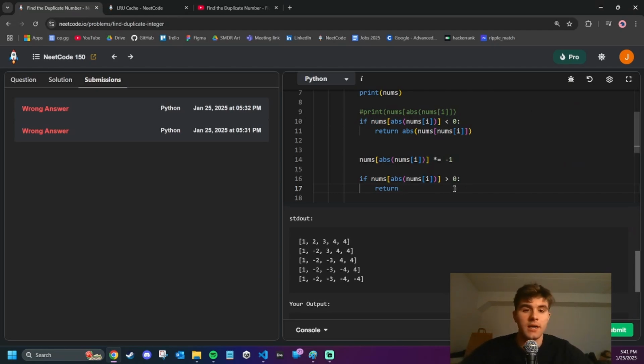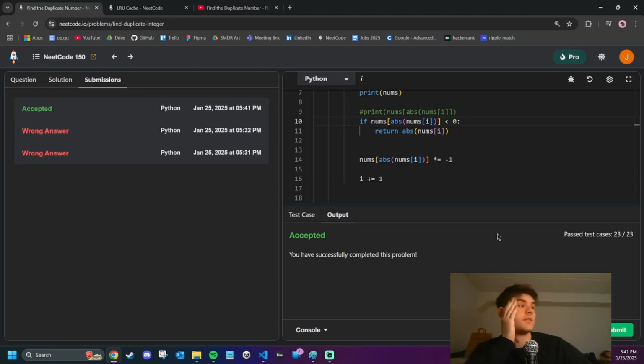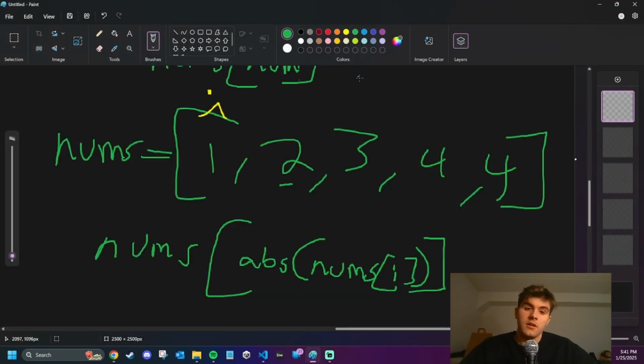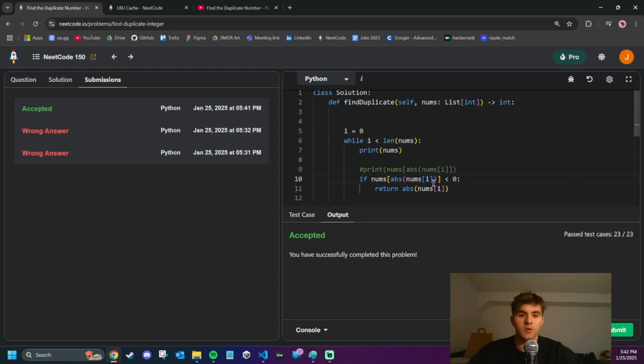We should return I. Yeah, we should return I. So we should return nums of I. Okay. We don't want to return this number. That was the problem. We were returning the number that was negative, but we don't want to return the number that was negative. We want to return the number that brought us to that negative number.